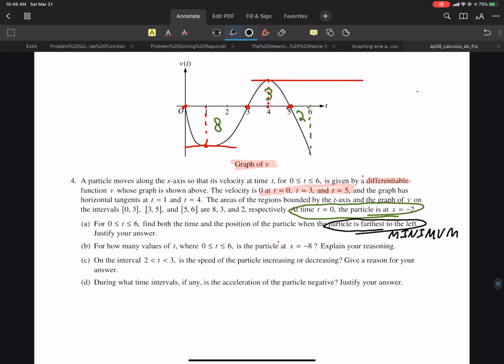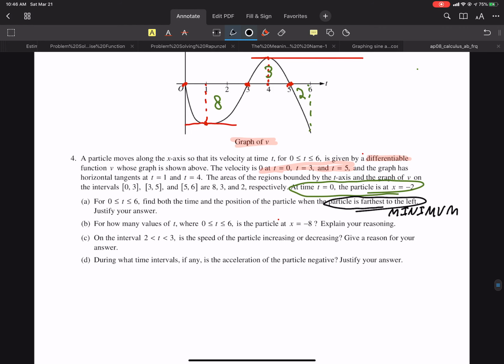So let's define x of t equal to the position of the particle. So farthest to the left is the same as the minimum. And so we're going to go through the process of that.